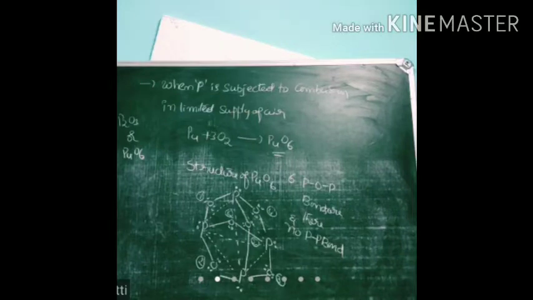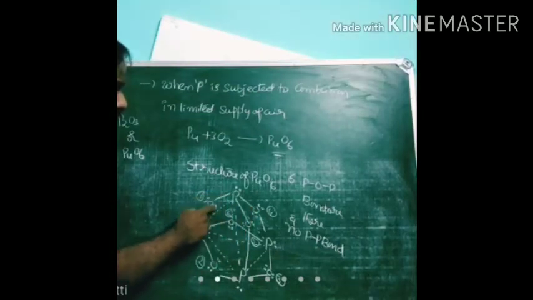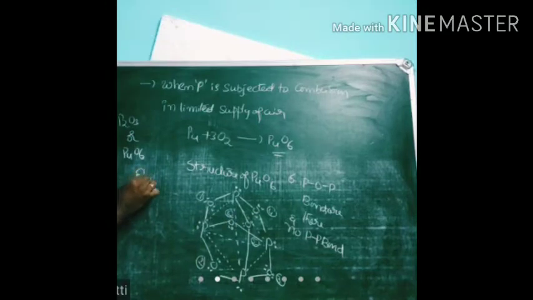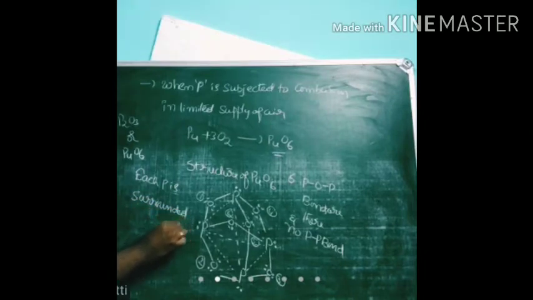In between phosphorus, there was no direct bond. So that is the structure of P4O6. Each phosphorus is surrounded with 3 oxygens.